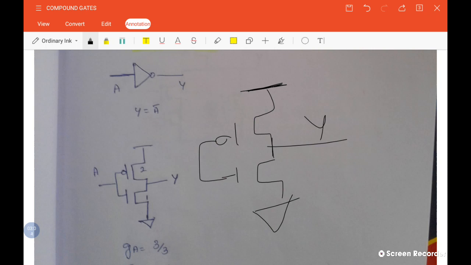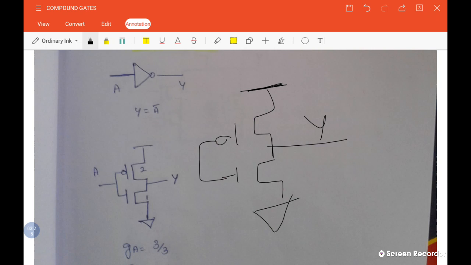So this is a simple inverter CMOS logic, and from this inverter we can calculate the logical effort. The logical effort is the input capacitance of the gate circuit divided by the input capacitance of a CMOS inverter.